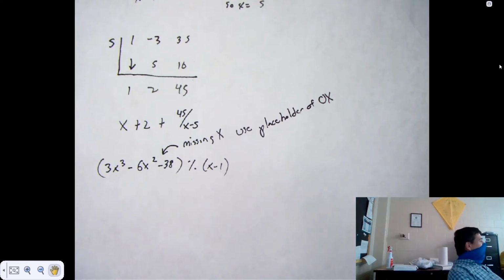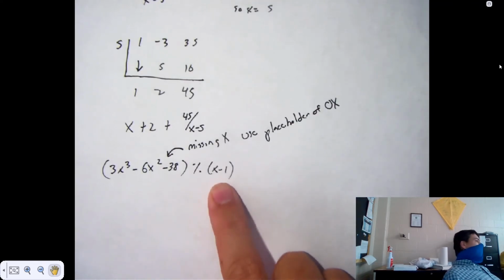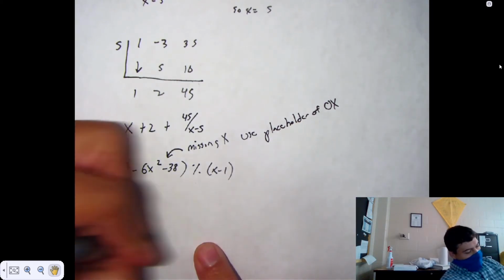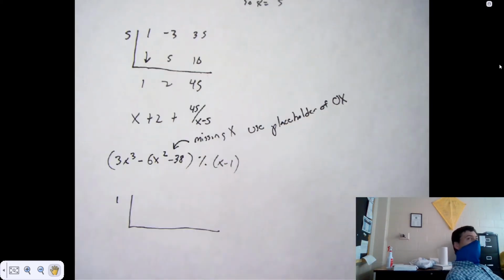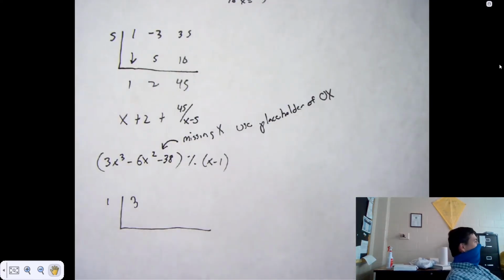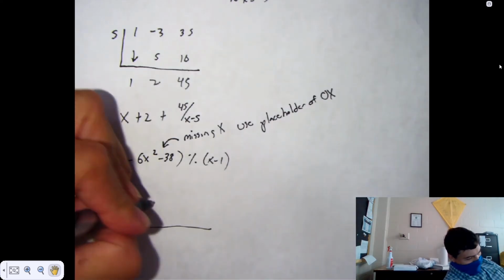Now, at this point in time, we all know what we're going to put outside the house. What are we putting outside the house? 1, positive 1 at that. What's on the second floor? 3. What's the next number? -6.